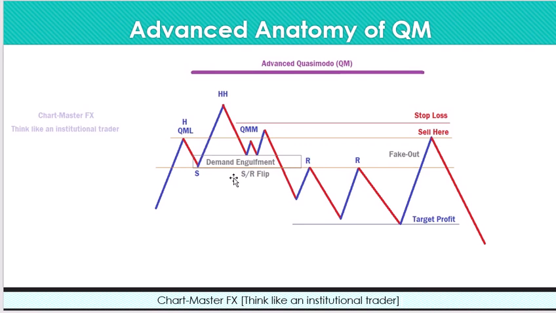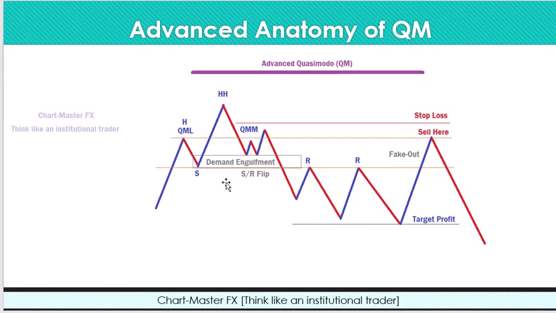Take note that this lower low, as it was engulfed here, you can see that the price actually made what we call an RS or an SR flip. So in this case, you can see that it was an SR flip, which mainly stands for support and resistance.